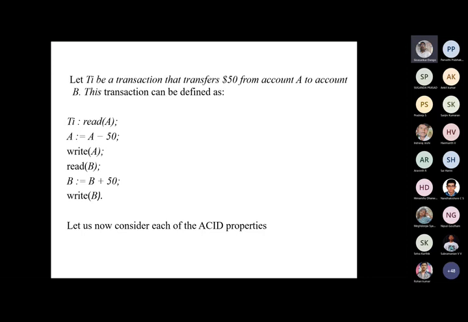In the read operation, you are going to load the value of the variable from the database onto the variable A, right? So initially you load the value of account A, you perform the debit operation, you perform the write operation, and you update the value of data item capital A.